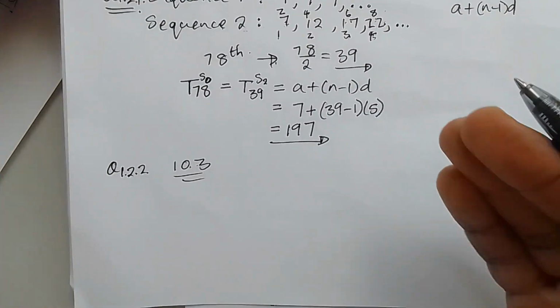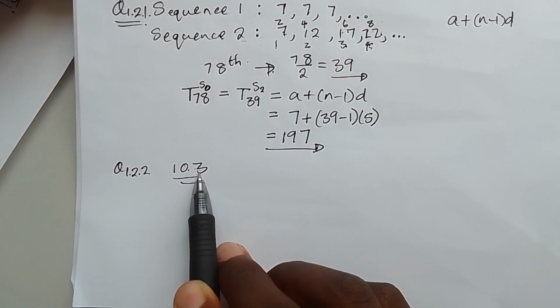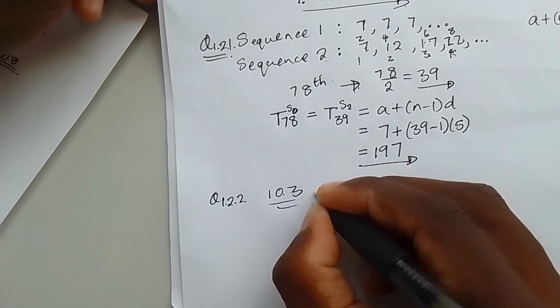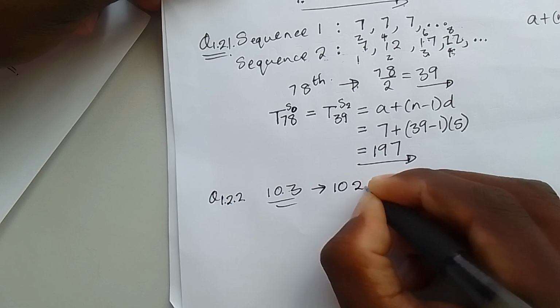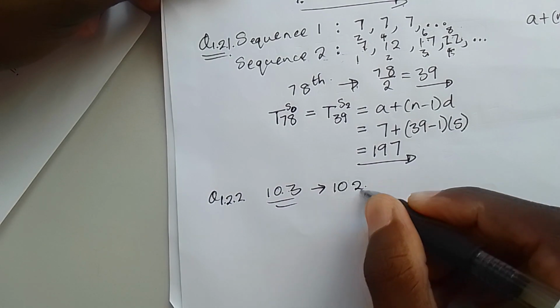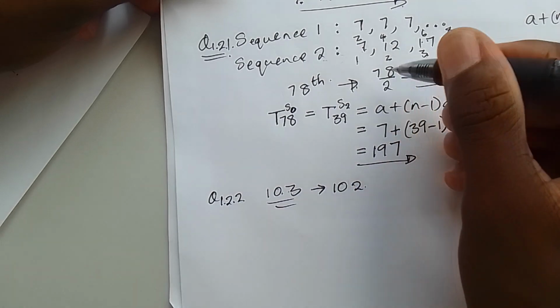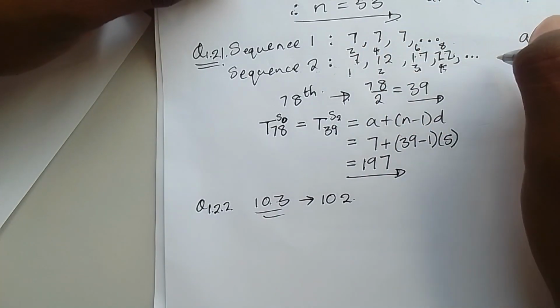But if we go one less value than this, we will have 102. 102 is the position of the term that uses this sequence.